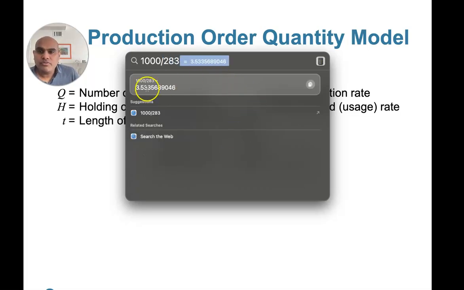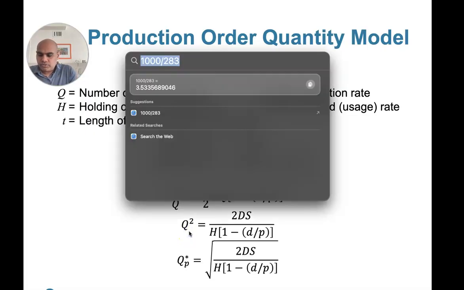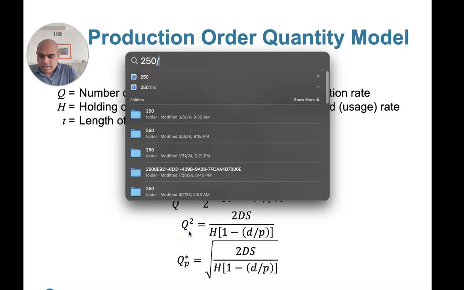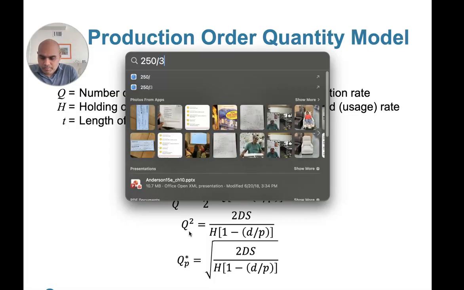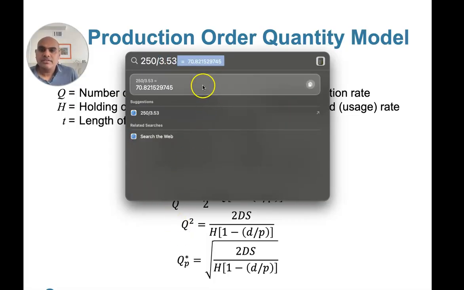So the number of setups for us will be 3.53. If you're doing 3.53 setups in a year, how many days between each setup? If you do 250 divided by 3.53, that'll give us 70.82. So 70.82 days for the whole cycle.